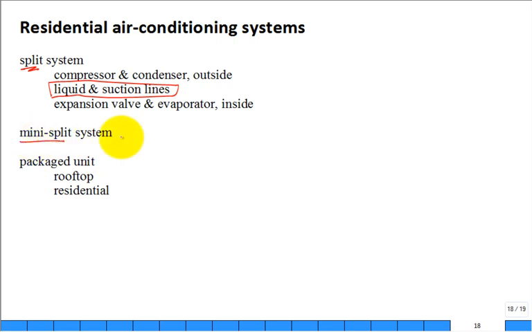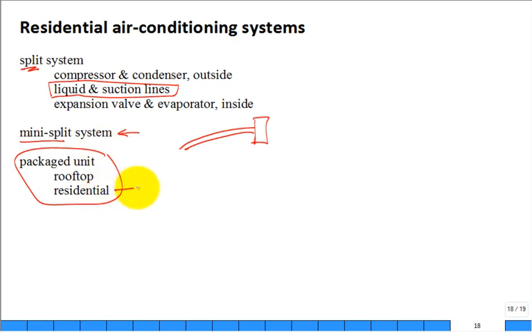Mini splits, you're seeing more of those, where you're running liquid and suction lines to a small box in each of the rooms or zones that can be turned on or off right there, and not air condition the whole house. And then packaged units. They're more common for the commercial world, but every now and then you'll see them in the residential world.